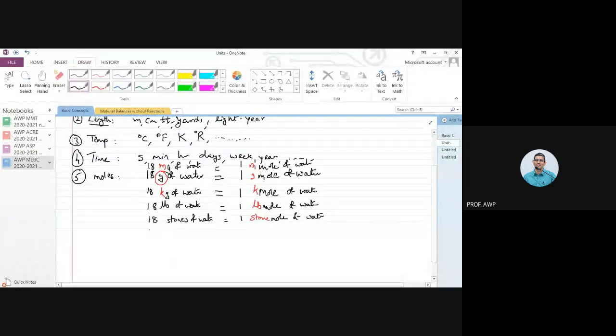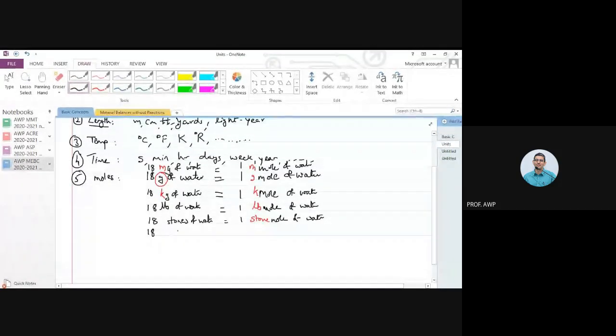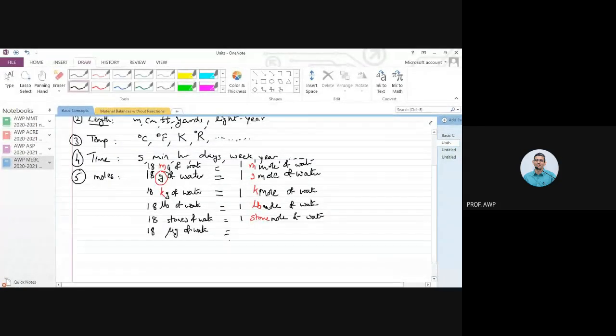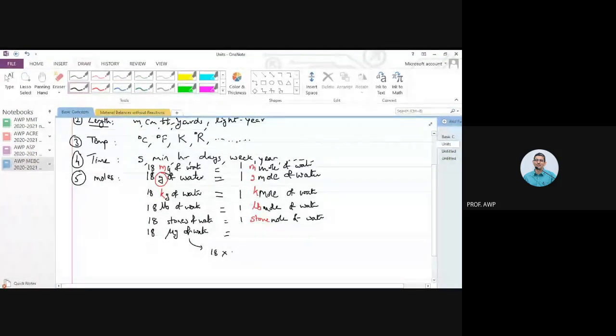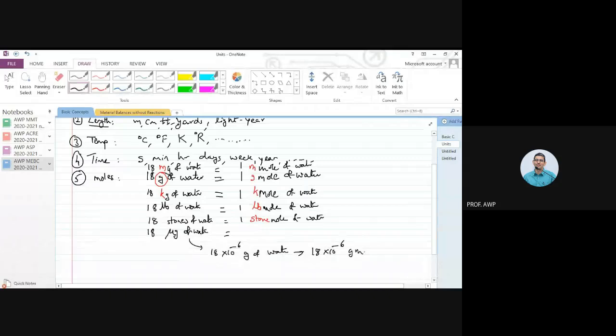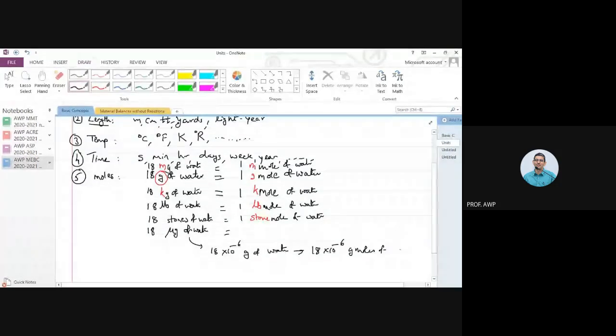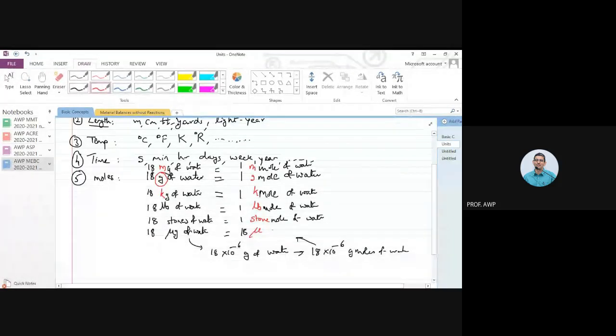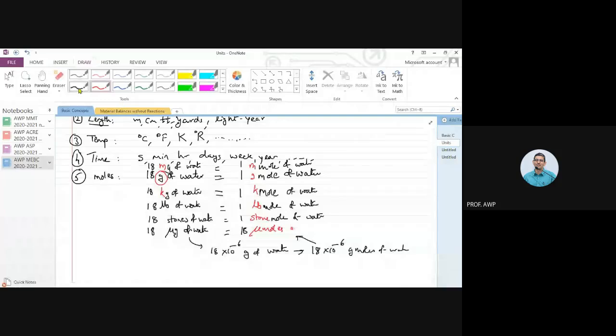If we are having 18 micrograms of water, that is 18 into 10 raised to minus 6 grams of water. This is the same as 18 into 10 raised to minus 6 gram moles of water, which we can say is simply 18 micromoles of water. Is that okay?